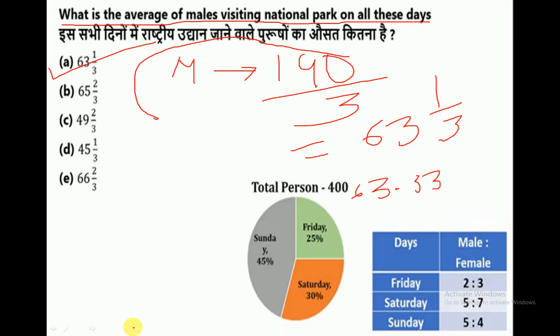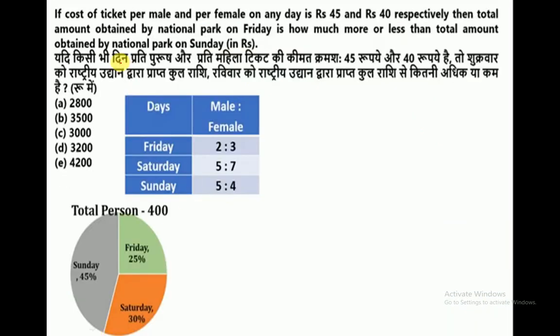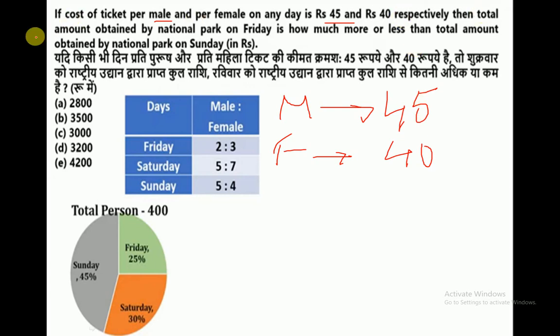Alright, now the next question is, if cost of ticket per male and per female on any day is rupees 45 and 40. So cost of ticket for male is 45 and female is 40, and then total amount obtained by national park on Friday is how much, more or less the total amount obtained by national park on Sunday.